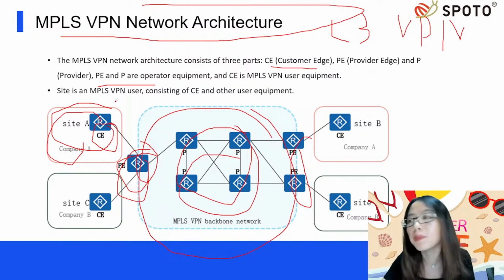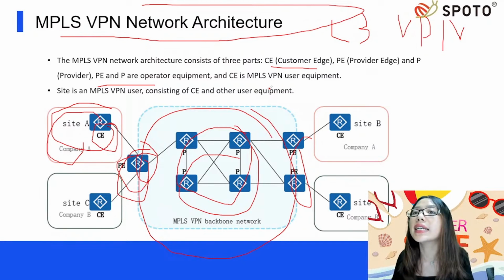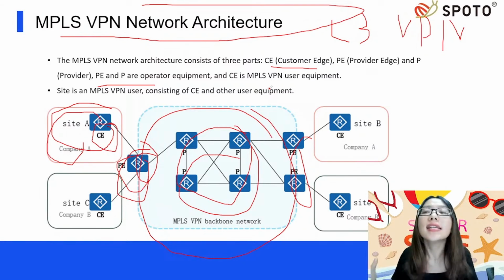MPLS VPN is a Layer 3 VPN. The network architecture of MPLS VPN consists of three parts: CE, PE, and P.